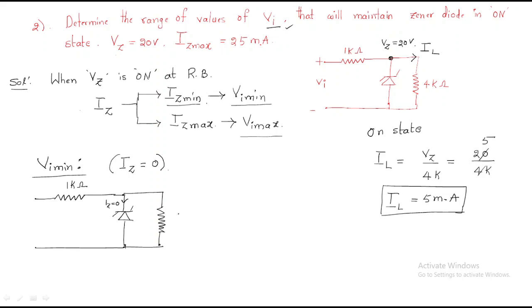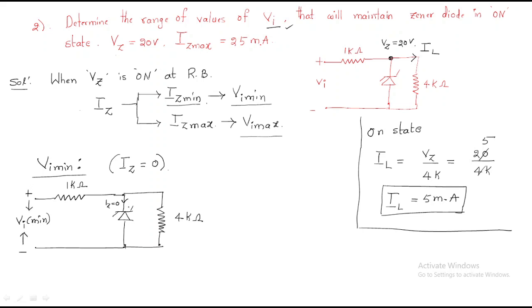So the load has 4 kilo ohms. Keep this aside, it will be useful for us. And we have the plus and minus, this is the input voltage, and we are finding the minimum input voltage by using the minimum Zener current, right?